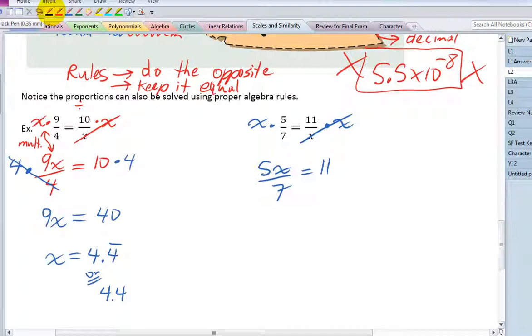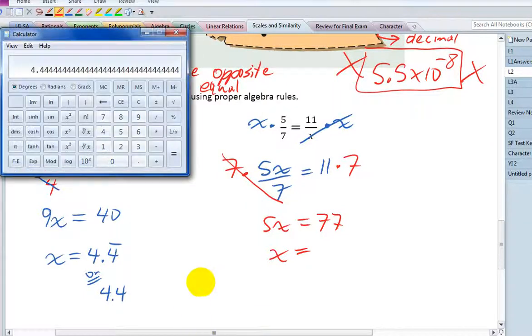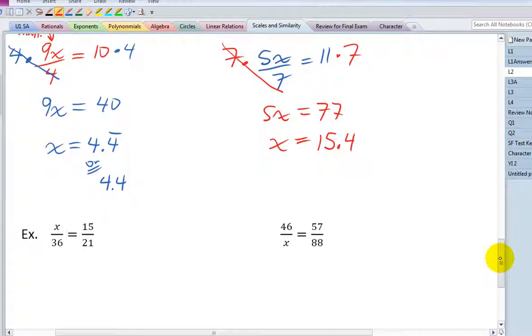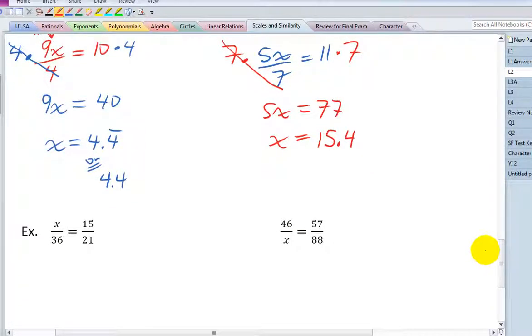So it's the opposite of divide by 7. Again, these divide to 1, so we're left with 5x equals 77. Then divide, and we get what? 77 divided by 5, 15.4. Any questions? Do the next two all by yourself. Go. 1 decimal, please. Check your rounding.